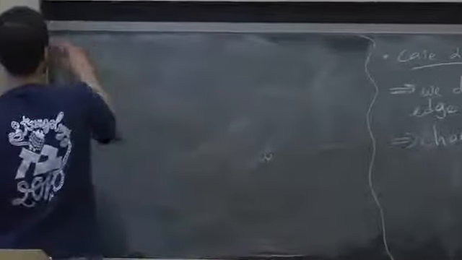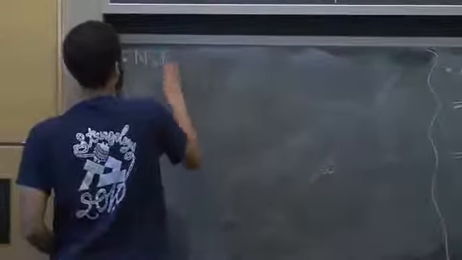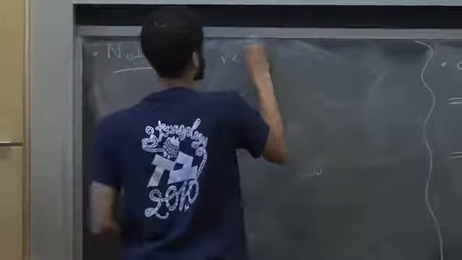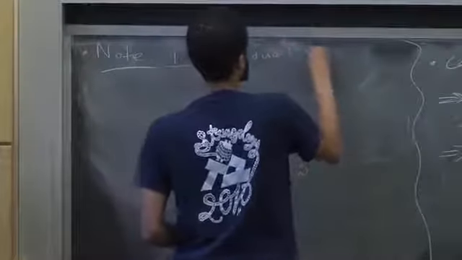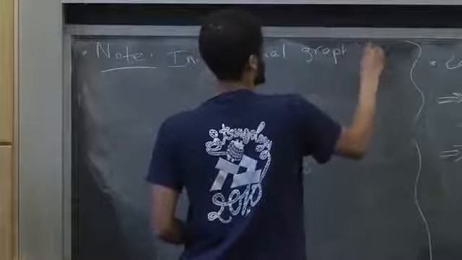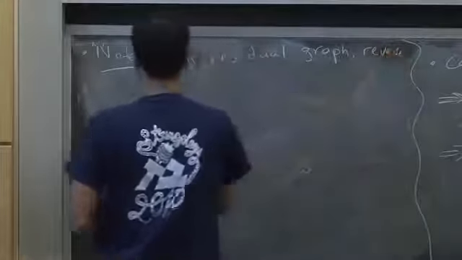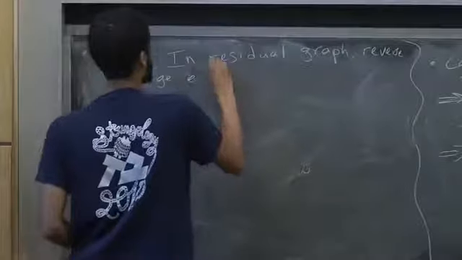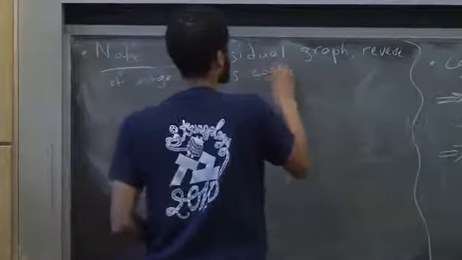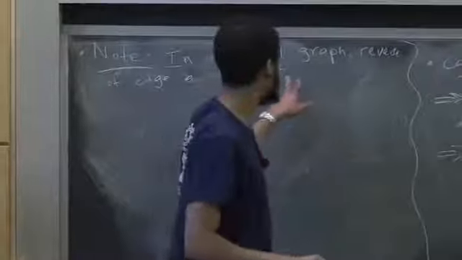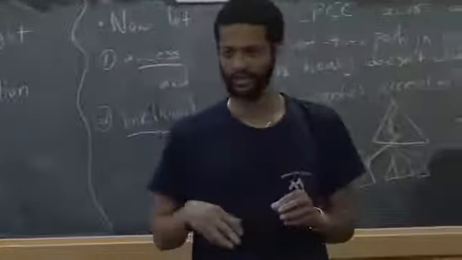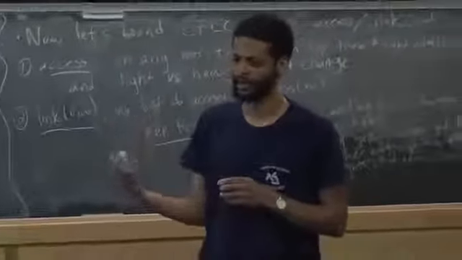And let me just write a little note here. In the residual graph, the reverse of edge E has costs. Remember what the residual graph is supposed to represent when we're doing flow computations.